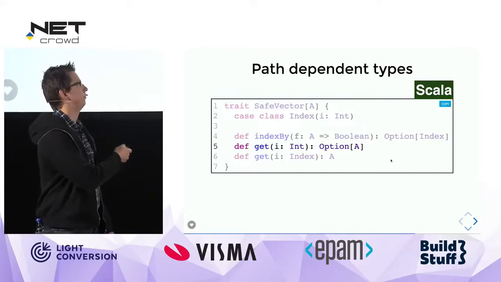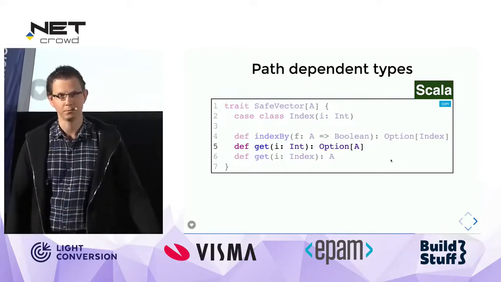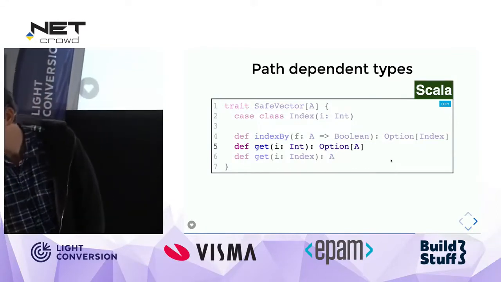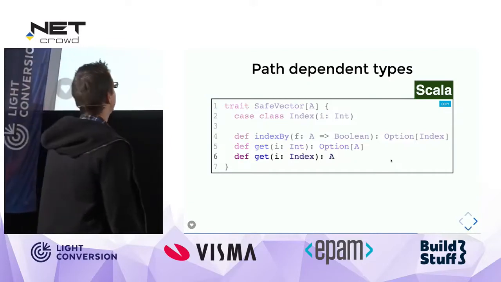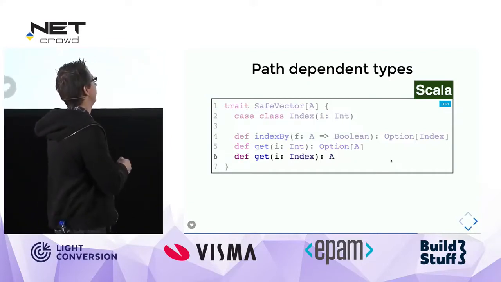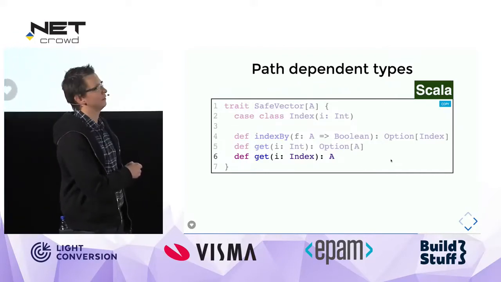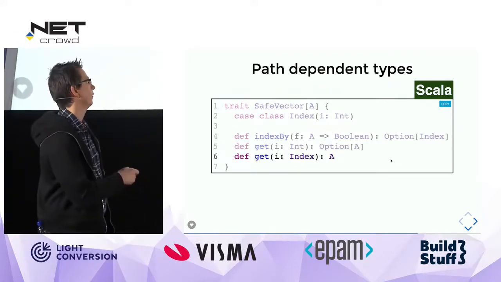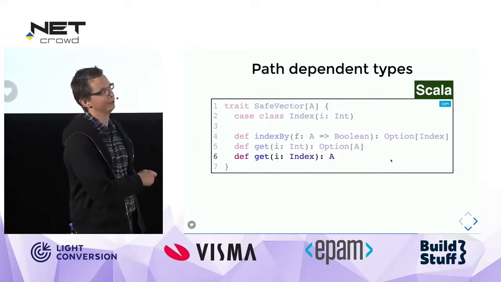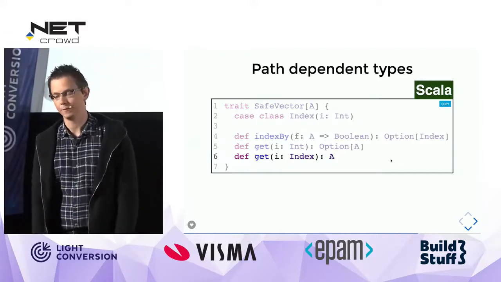Therefore, I have to return an option because there might not be an element there. And you have another get by index operation, but this time you know that the index is the correct index, and therefore you can always safely return a value.